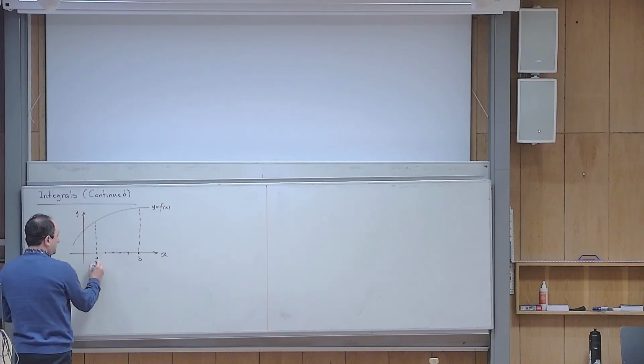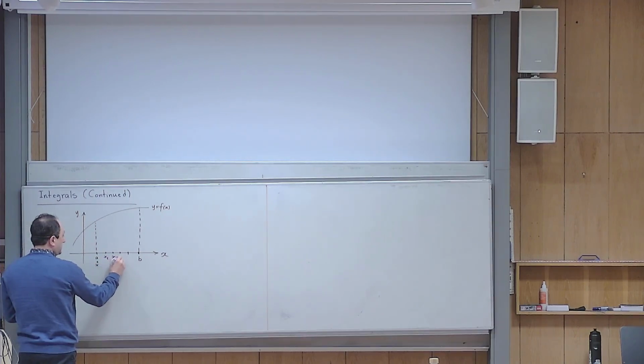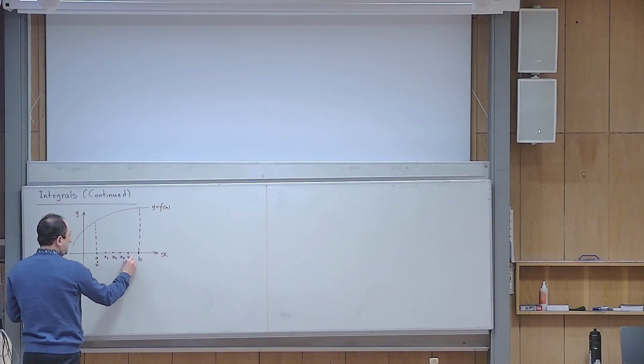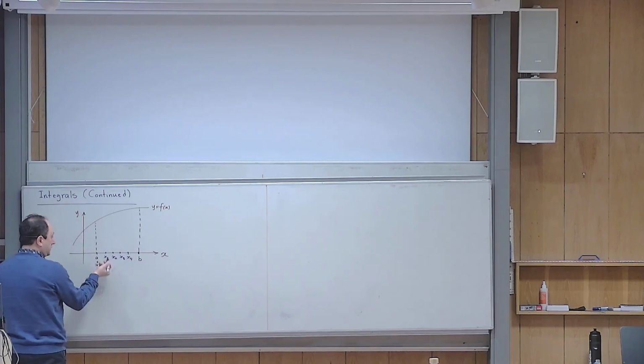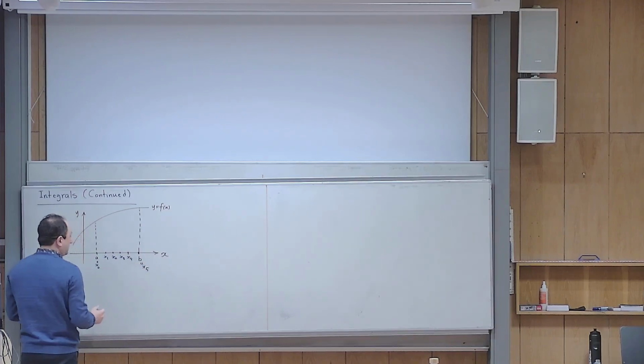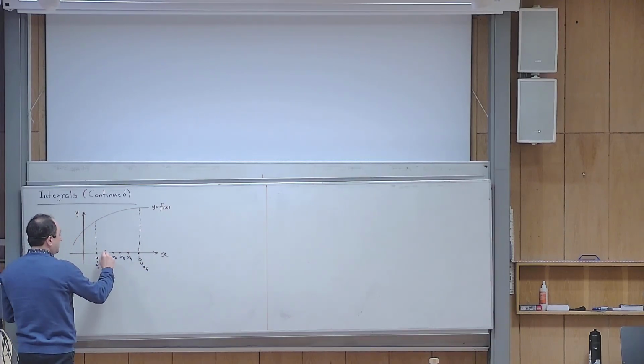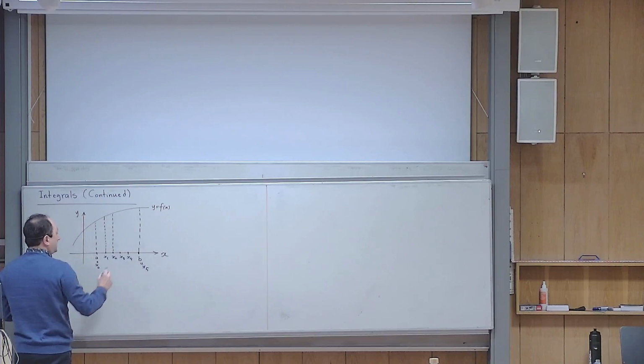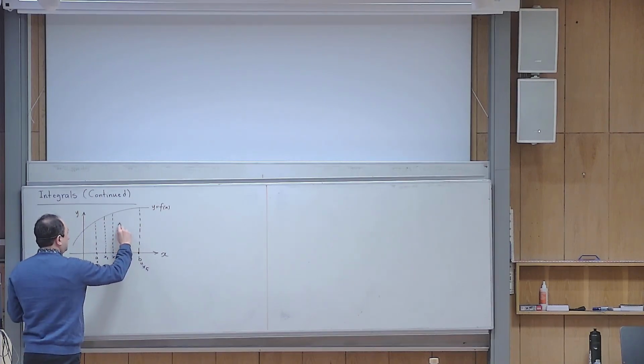I call this one x1, x2, for example, x3, x4, and for consistency of notation, I also call this x0, and in this case, I call this x5. And then, for example, I started drawing these lines.